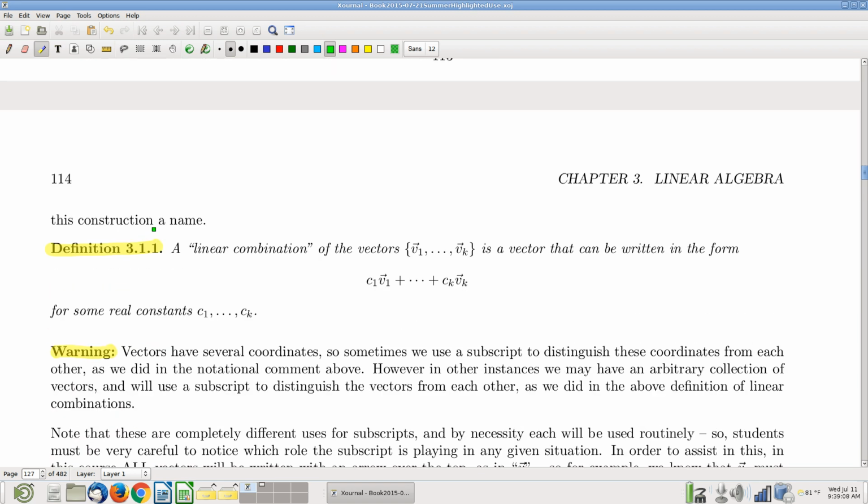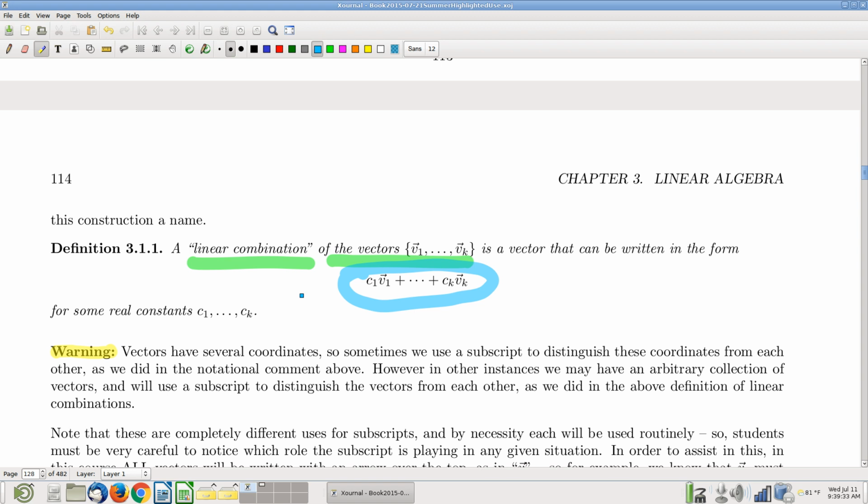A quick definition. I'm going to define something called a linear combination of vectors. If you have a collection of vectors, a linear combination of those vectors is something of this form. So, in other words, it's what you get when you take those vectors, you multiply the vectors by scalars, and then you add.